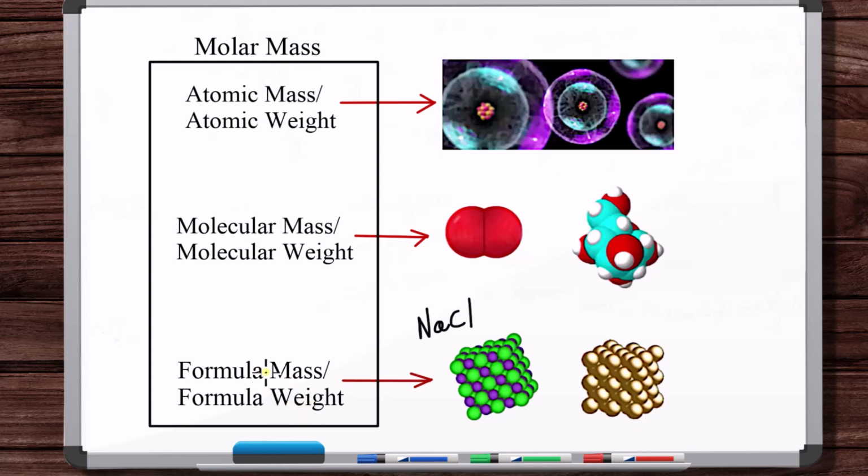Now, when it comes to the idea of molar mass and these average masses, these averaging of the isotope masses, all that means is, let's say you had the molecular weight of some hydrocarbon based on the averaged isotope value of the masses of all of the elements in the molecule. Well, then if you accumulate that amount of grams of that molecule, then you're going to have a mole of those molecules.